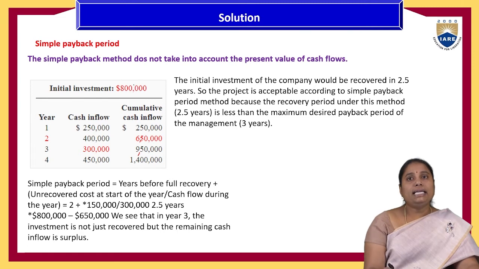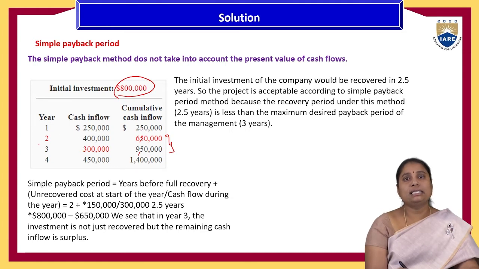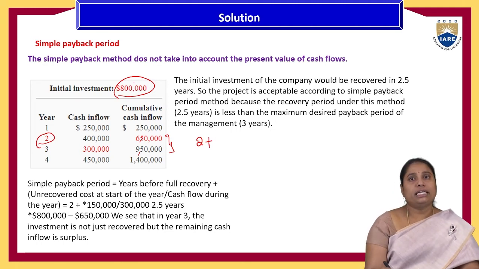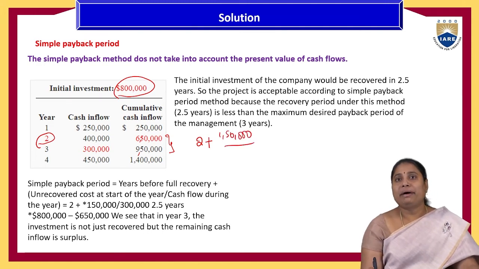But the 8 lakhs of investment lies between 6,50,000 and 9,50,000, so we take the fully covered years, that is 2, plus the amount to be recovered, that is 8 lakhs minus 6,50,000, that is 1,50,000, divided by this year's cash inflow, that is 3 lakhs.